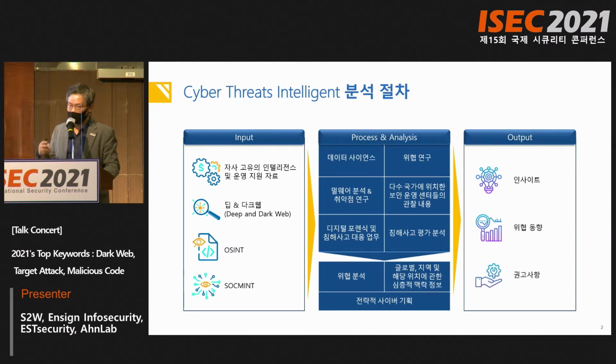For the source data, you get intelligence and operation sources, and also information from the deep and dark web. Also, you can get information from open source intelligence and social intelligence. These are the input documents and data you need to analyze to understand cyber threats and malware.